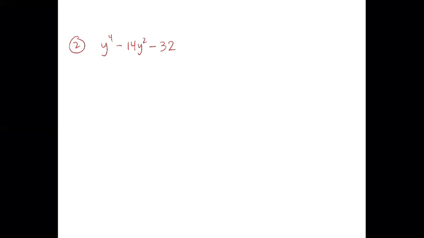But as you can see here, this is an expression quadratic in form. How do we see that? Well, if we let x equal y squared, then this expression can be written as x squared minus 14x minus 32.